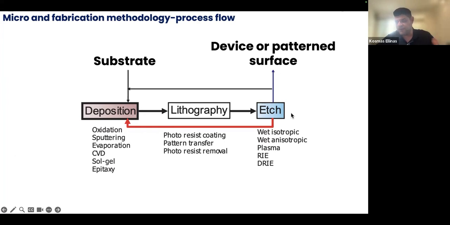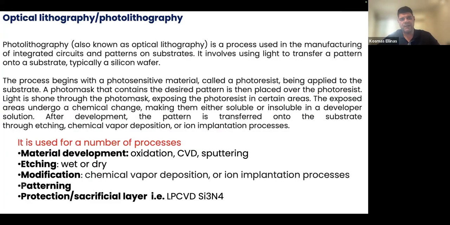And then in the last part of the presentation, we'll speak about some typical tools we use in order to see these small objects. So the most popular method in order to do some patterning is photolithography or optical lithography.